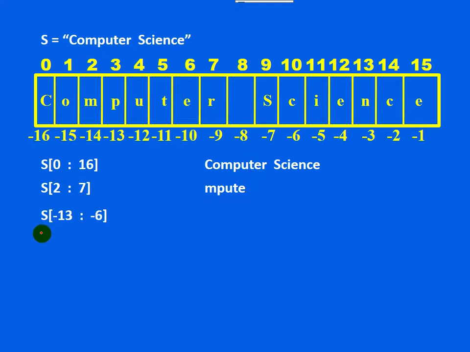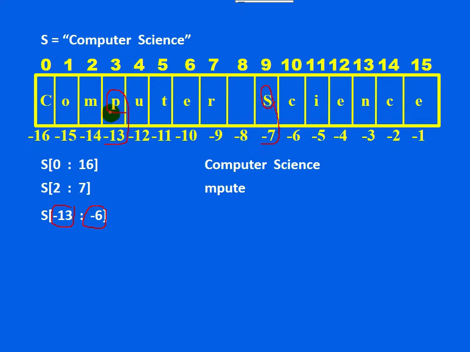One more example. What is the output of this one? All the characters starting with the index minus 13, so negative indexing, this one, and ending with the index minus 6 minus 1, that is minus 7.